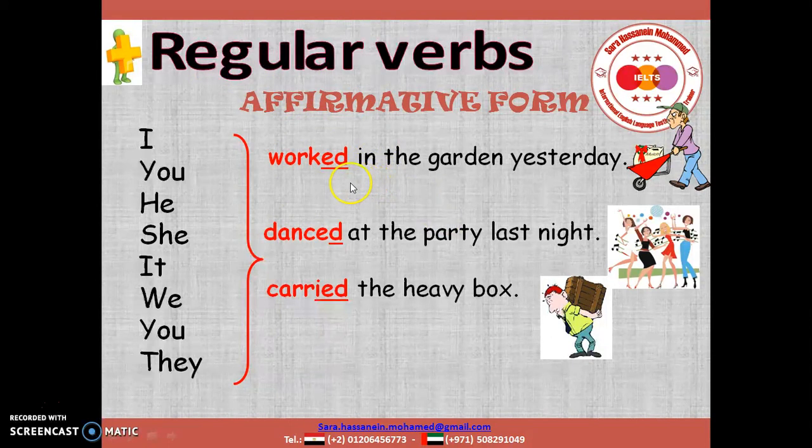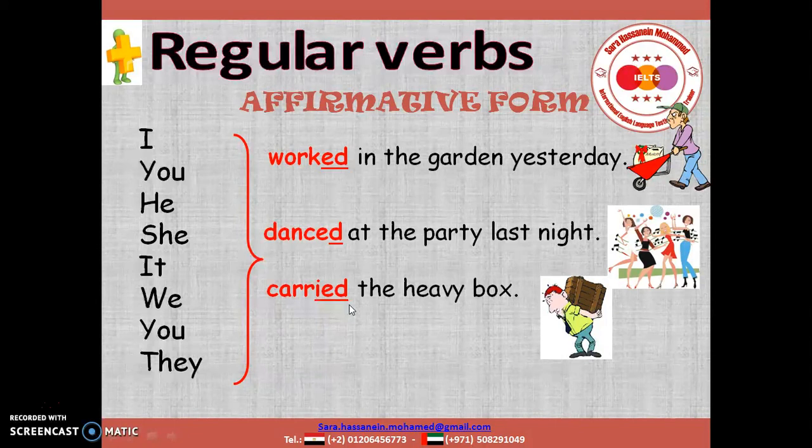But if the word already ends with e, you will put only d. And if the word ends with y and before the y there is a consonant, all you have to do is to change the y into i, then add ed. So as you can see, the regular verbs take ed at the end of the verbs.